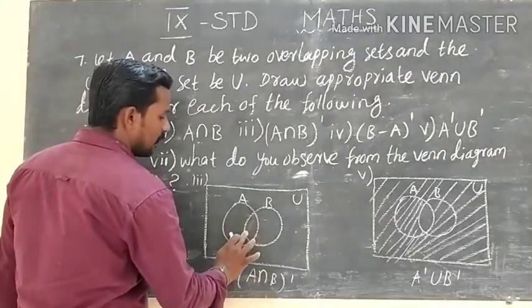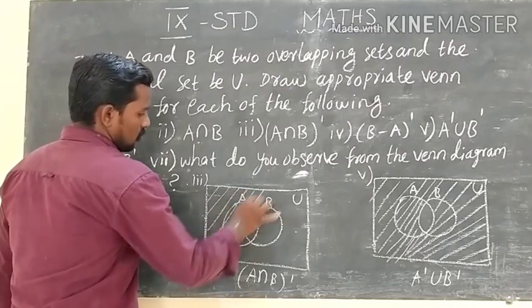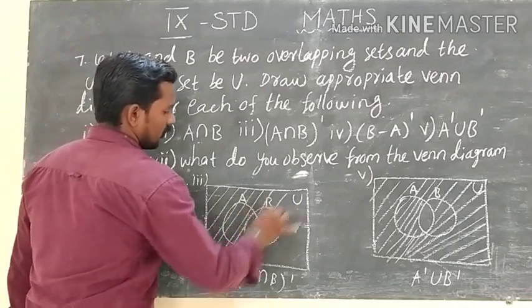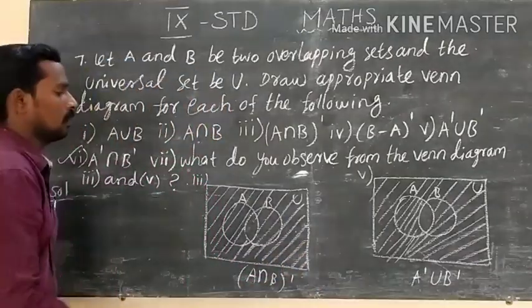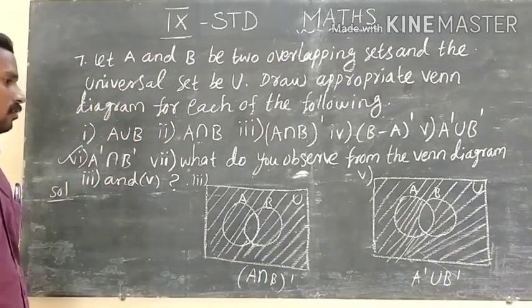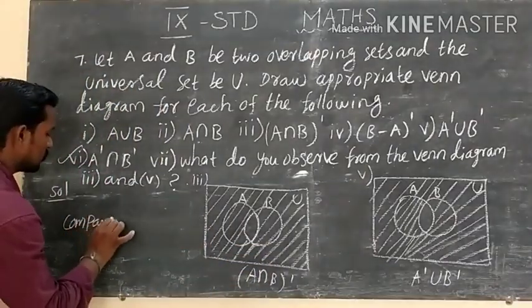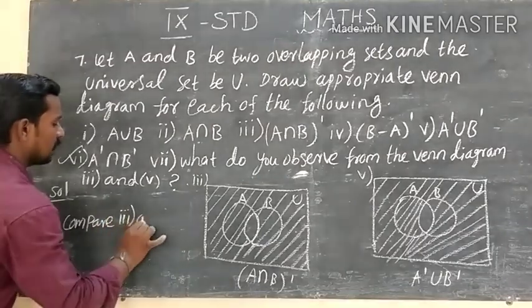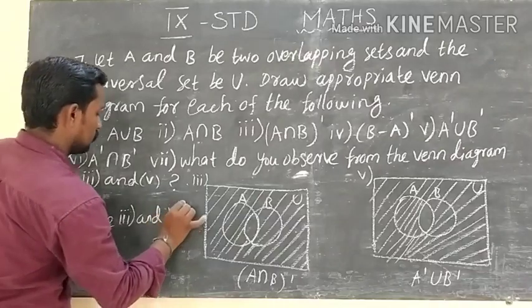Only the intersection portion is omitted. Okay. So now we also get this is only not shaded. So compare the third and fifth.